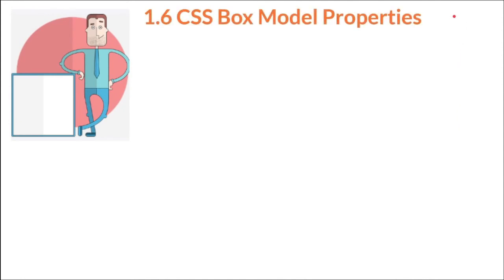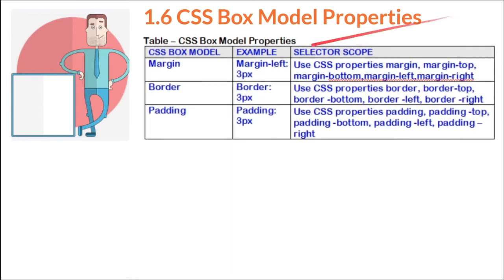CSS box model properties. As mentioned before, the margin, when used in a rule definition, can be applied to all the margins around the CSS box model. For example, you can specify margin left is 3 pixels.